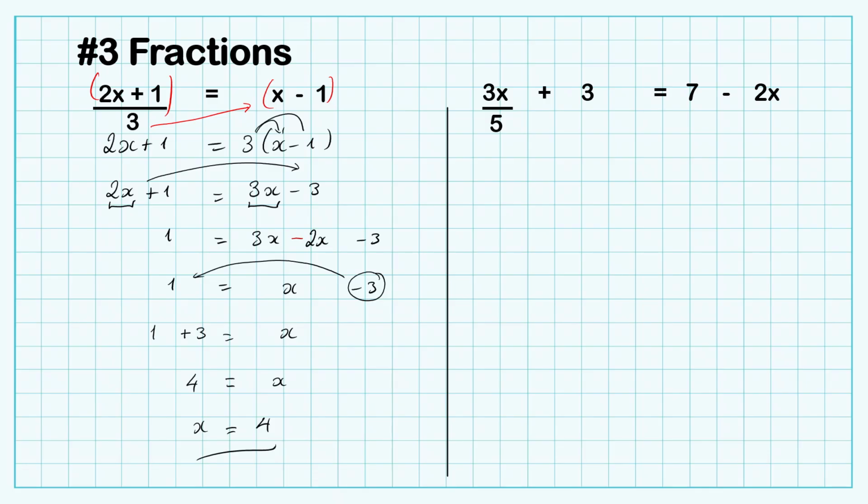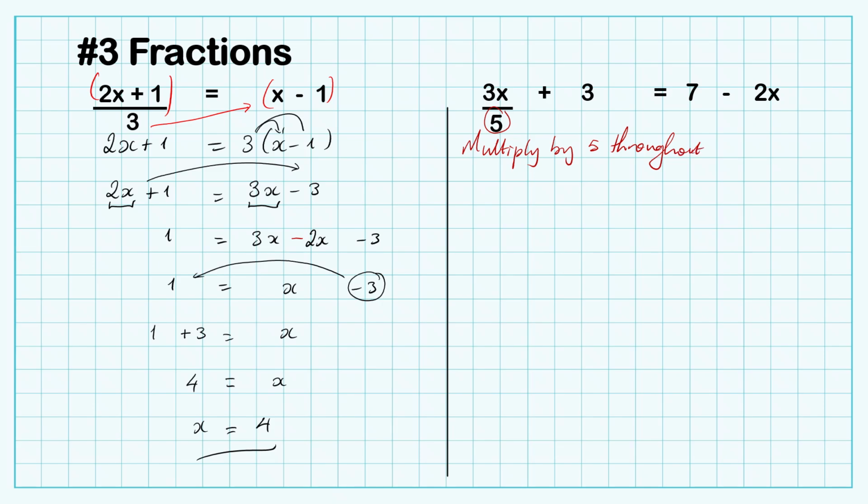The next one looks slightly more complicated, but it shouldn't be, because again we are going to have to get rid of that 5. Here, the way we do it is we're going to multiply by 5 throughout. What that means is each term will need to be multiplied by 5.